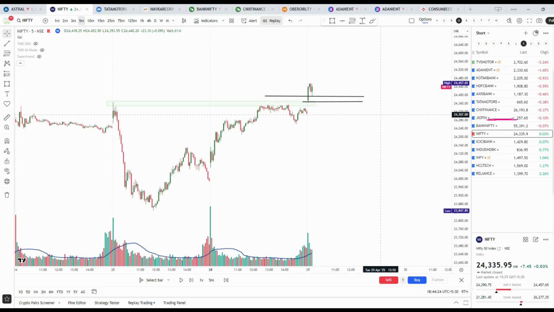Further price action can be observed. Let us see. Breakout failure, right? Breakout is a failure. Now I am waiting for it to come in this area. Market came into this area. What is the time now?